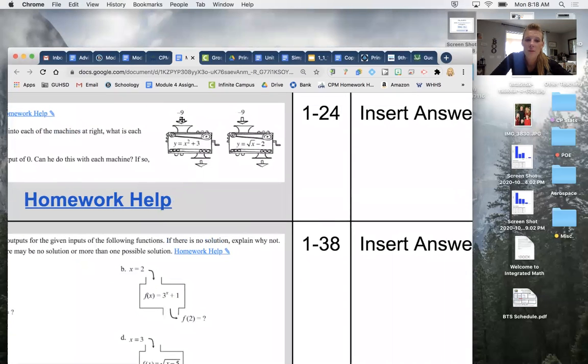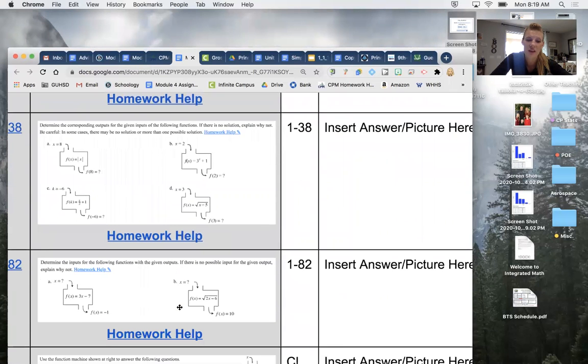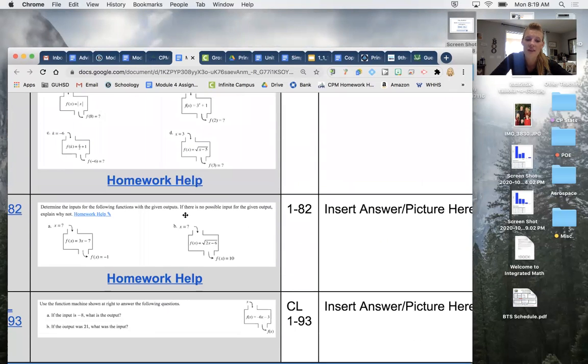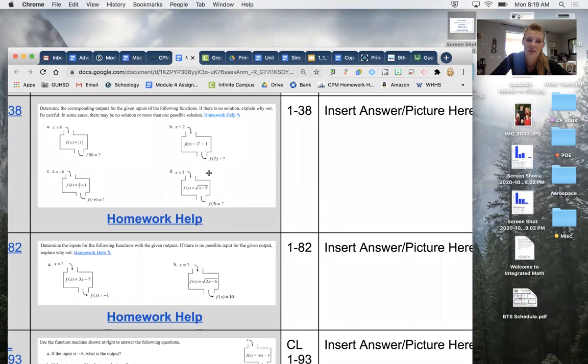So it's saying when you plug in -9 to this X right here, well, we would get -9 times -9, which is 81, plus 3 is 84. What pops out the bottom here is 84. That's my output. You're going to do the same thing here. So you're going to see, well, what pops out of this? So that is a function machine. What you're seeing in all of these is that concept of a function machine.